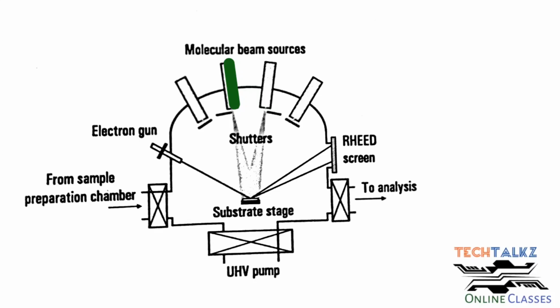So this may be vaporized with the help of an electron gun, and then it is focused onto the substrate. At the same time, required dopants are also evaporated and focused to the same substrate. So we will have precise control over the thickness and atomic arrangement.